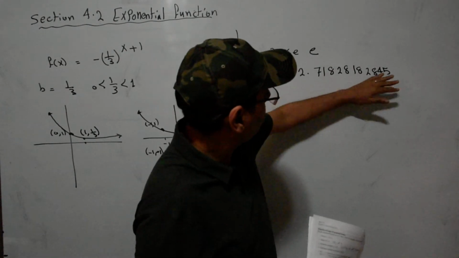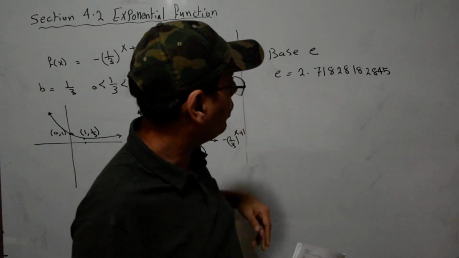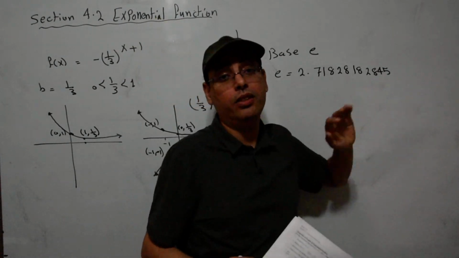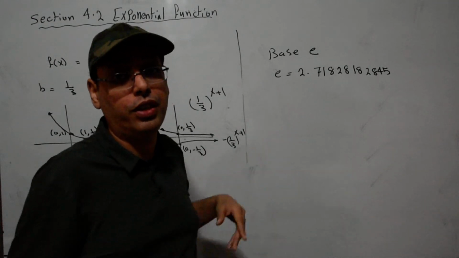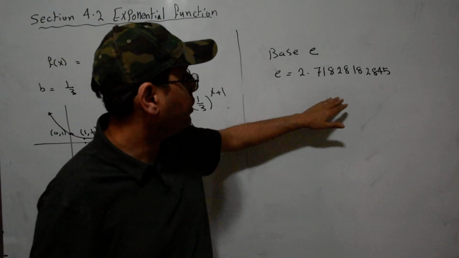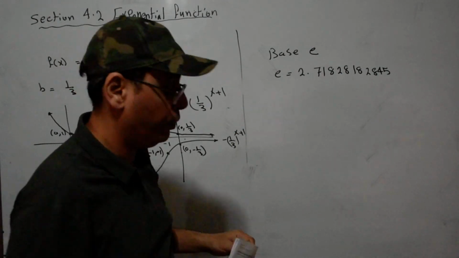I'm going to stop at this one, but you're going to find a lot of numbers. The more decimals we have, the more accurate. This number is an irrational number, so it has no end. You can't represent this number as a fraction, p over q.